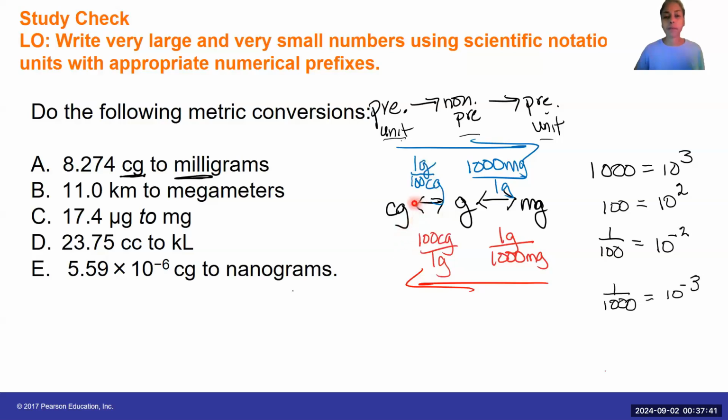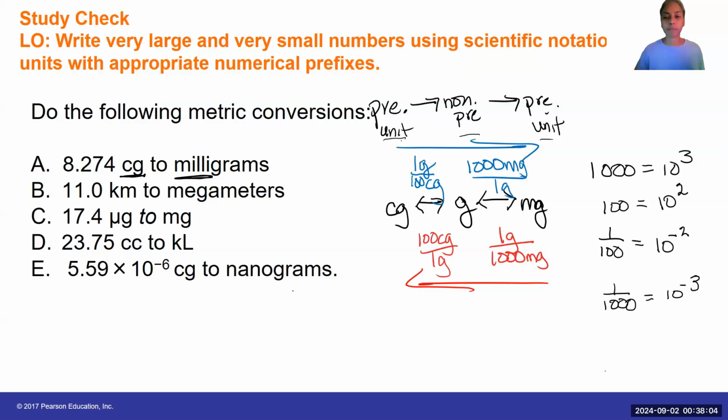And so you may be wondering, why did I write 100 centigrams instead of writing 0.10 grams? Well, it's the same thing. So let us take a look at our conversions. And on the next slide, we'll go through that so you can see it a little bit more clearly.